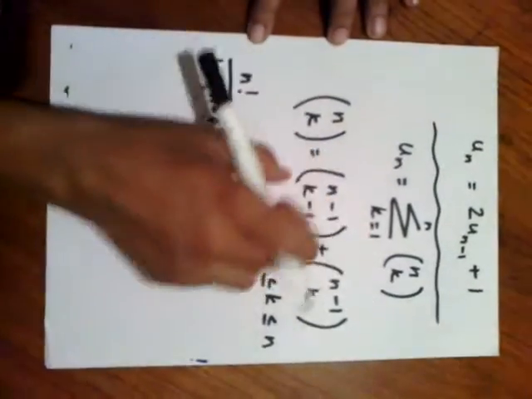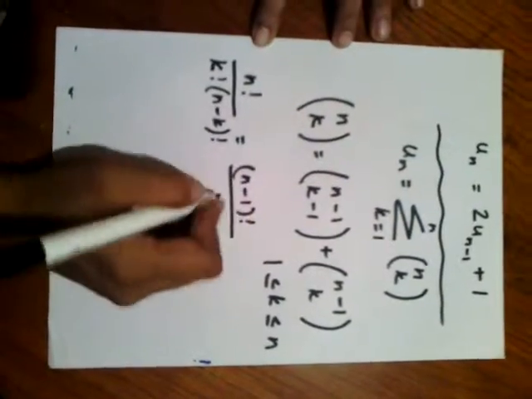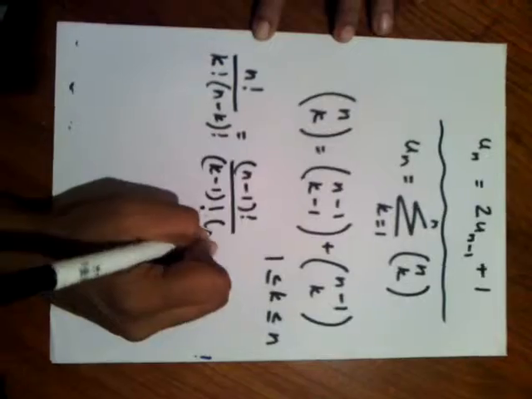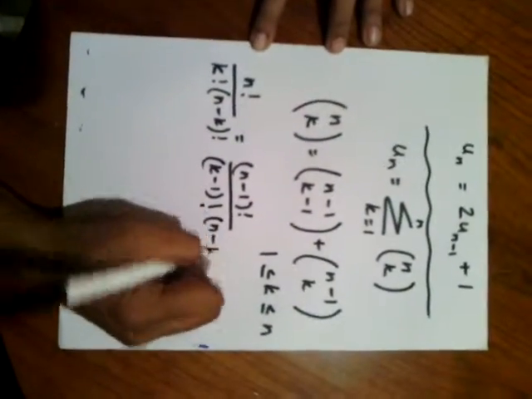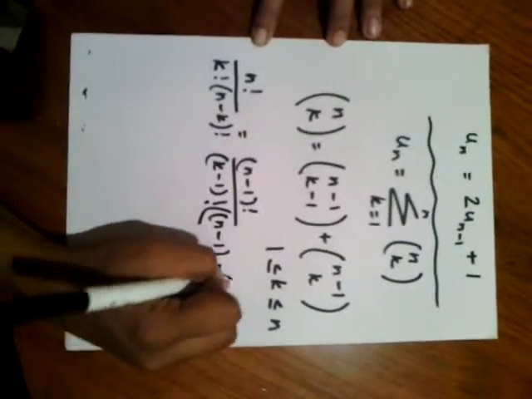So what is the first term on the right-hand side? That's n minus 1 factorial divided by k minus 1 factorial times n minus 1 minus k minus 1 factorial.